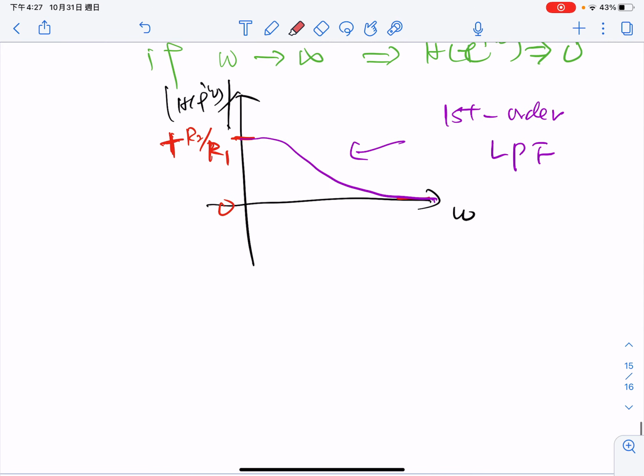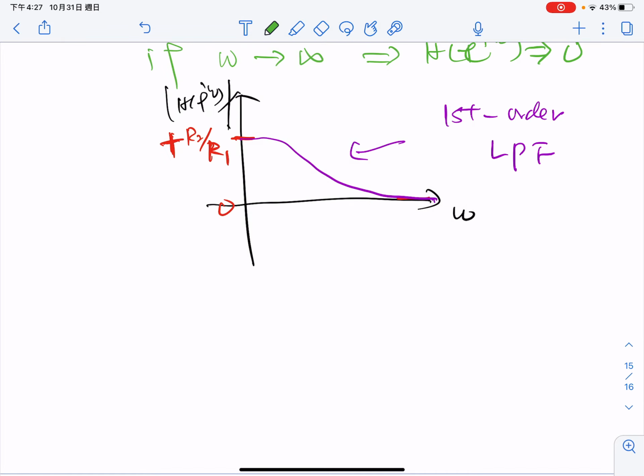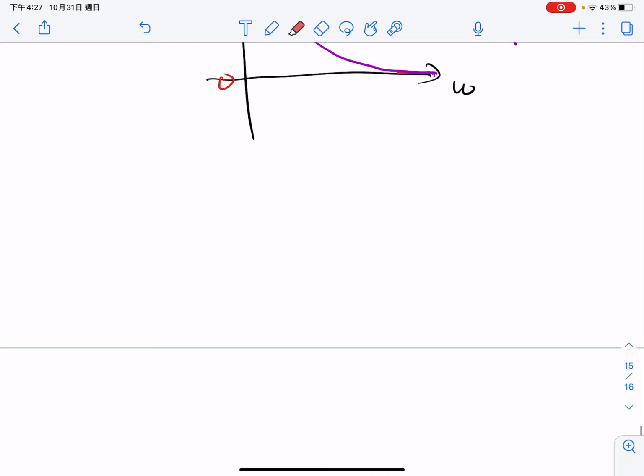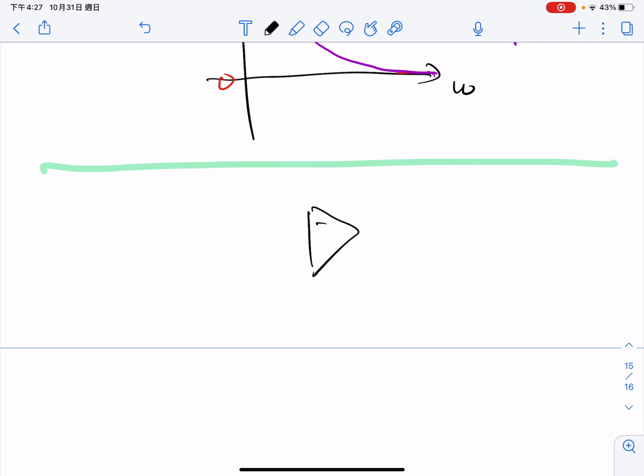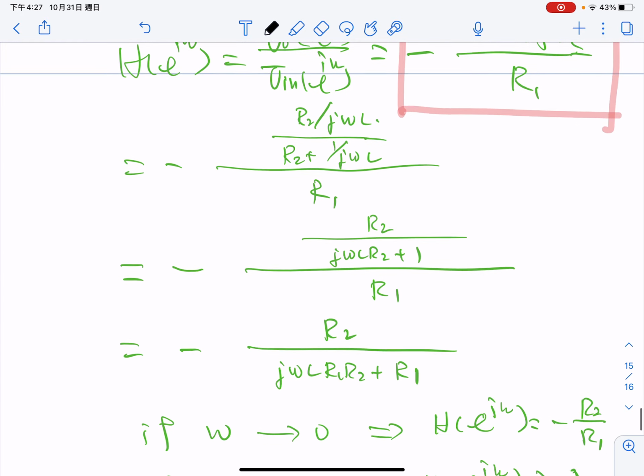So let's rewrite the equation. Let me redraw the circuit here so I don't have to go back to the part. So this will be the one, this is R1. Let me see, this is R2.